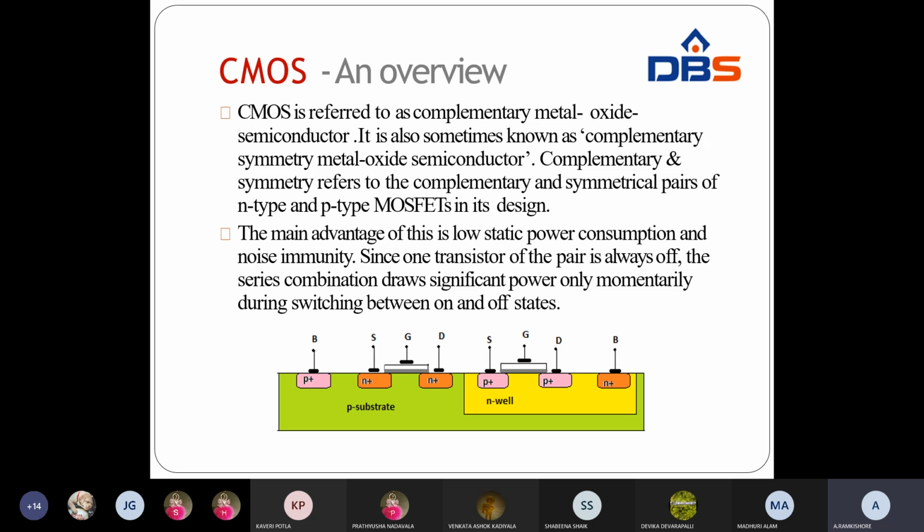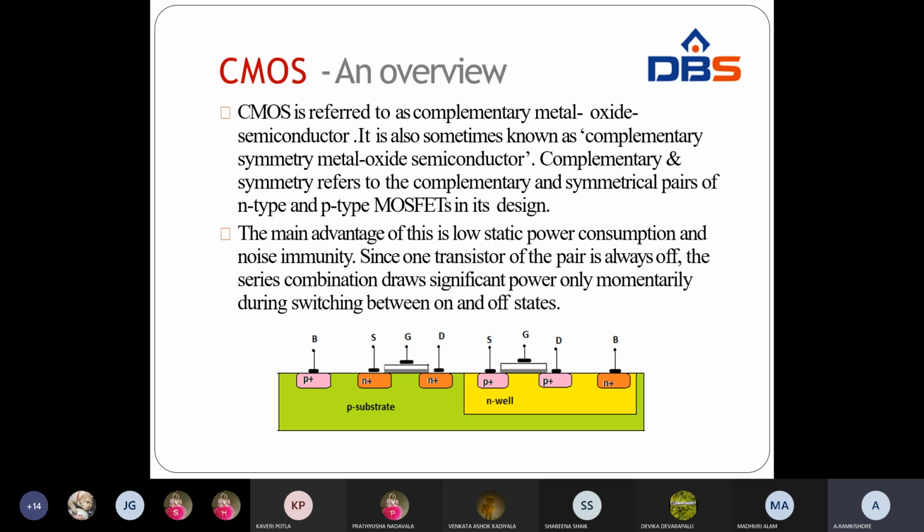Above that diffused material, we have to make a contact for source and drain. In the N-well also, we have to extend the connections in terms of source and drain terminals.